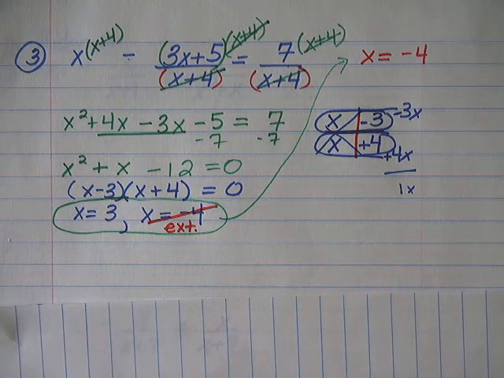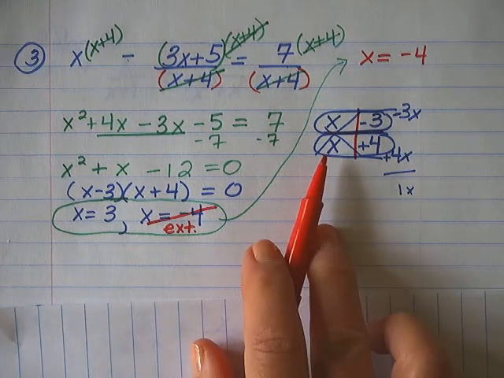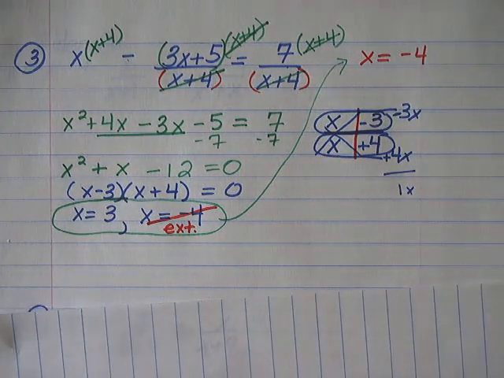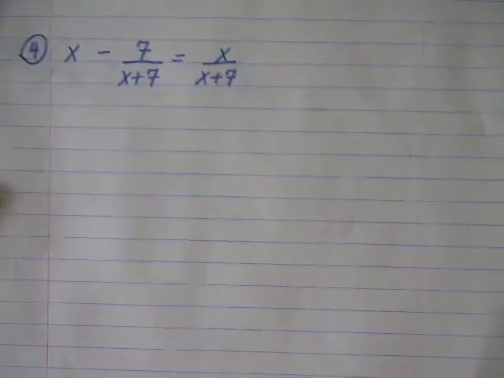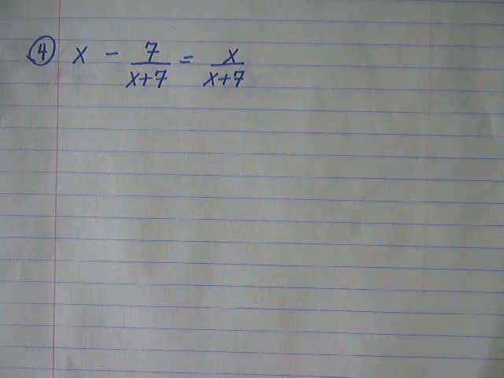Even though we've done all the algebra correctly, it turns out that not every answer is going to work because of that division by 0 problem with this type of equation. All right, we're going to do that again. It's up to you if you want me to talk you through it again, or if you want to hit pause right now and try it, then fast forward to the answer and see whether you agree with the answer that I got.